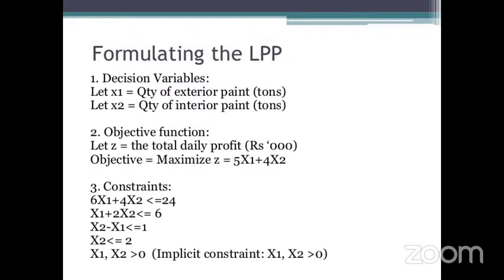Another point, x2 minus x1 less than or equal to 1, because interior should not exceed exterior by more than 1. And one more point given in the sentence: they can use a maximum of 2 tons for interior paints. So x2, which we have taken as interior, is less than or equal to 2, where x1 and x2 are greater than or equal to 0. That is the implicit constraint, non-negativity.